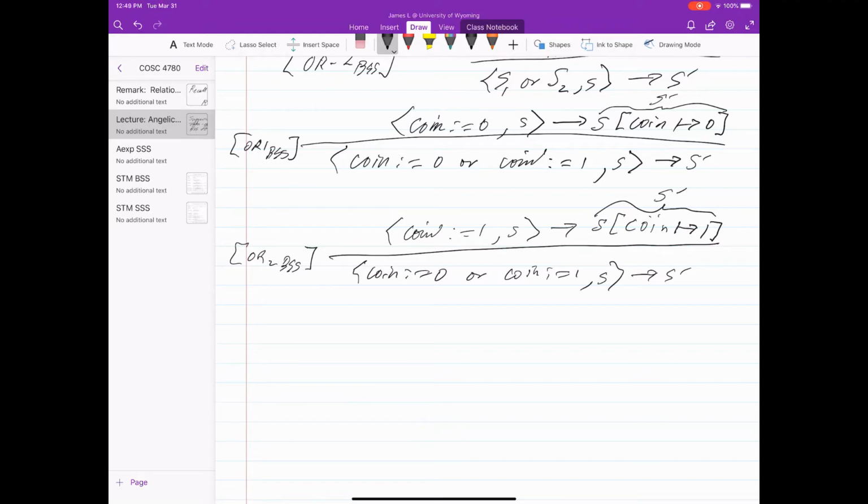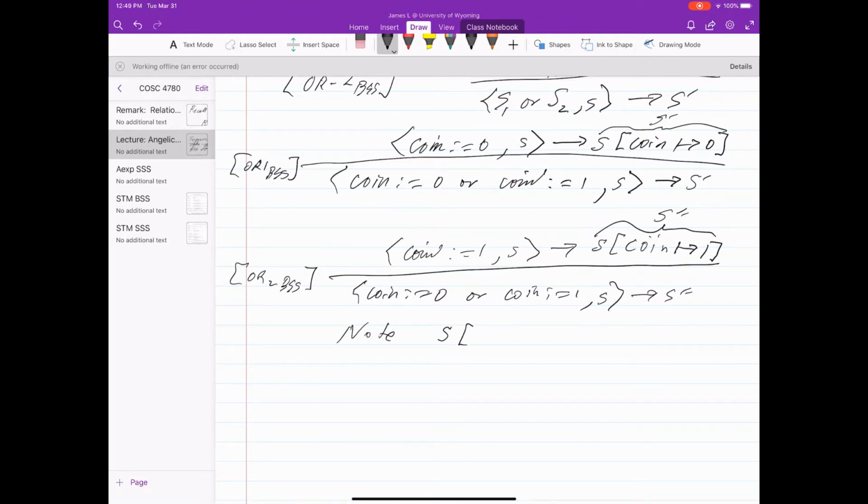Maybe I should call this S double prime, because note that S prime is not equal to S double prime.